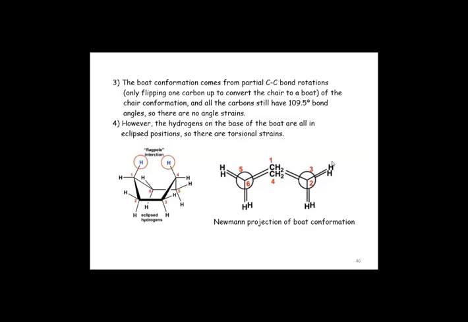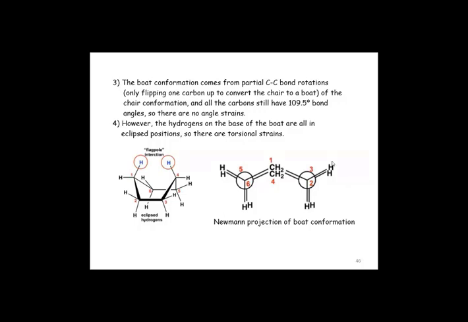Now, when flipping occurs, only one carbon is flipped up to convert the chair to a boat conformation. Only one part of the chair conformation is flipped up, and all the remaining carbons still have the same sp3 hybridization with bond angle 109.5 degrees.